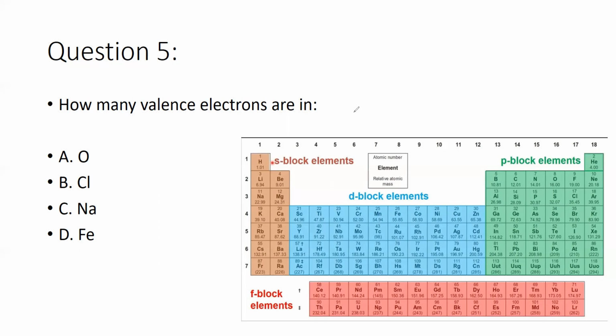But let's take a look at oxygen. The way to really do this, well, I'm just asking for valence electrons. If I was asking for core electrons as well, I would say write out the full electron configuration. For valence electrons, we can just write out shorthand.